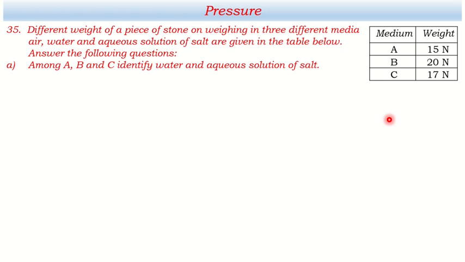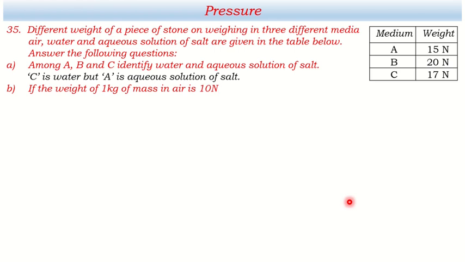But density of aqueous solution of salt is more, so upthrust is more. If upthrust is more, reduction of weight becomes more, so A is aqueous solution of salt. So we can answer this way: C is water but A is aqueous solution of salt.